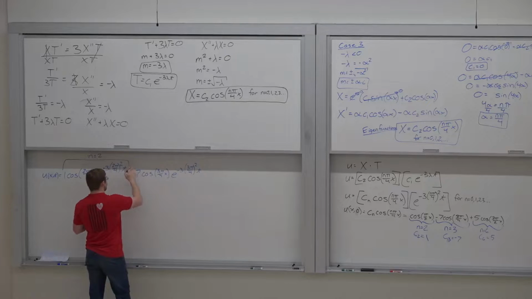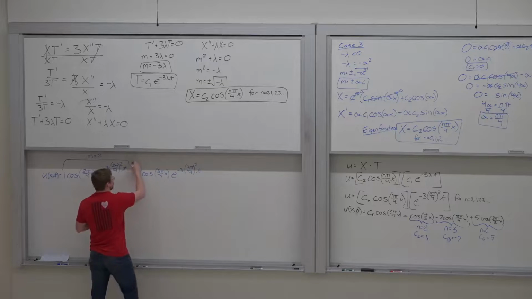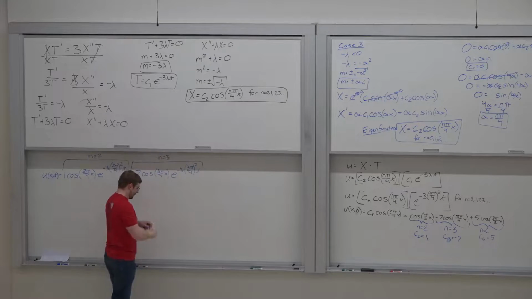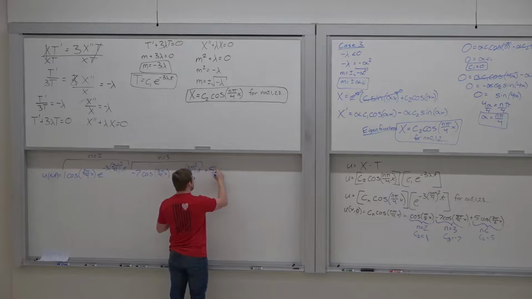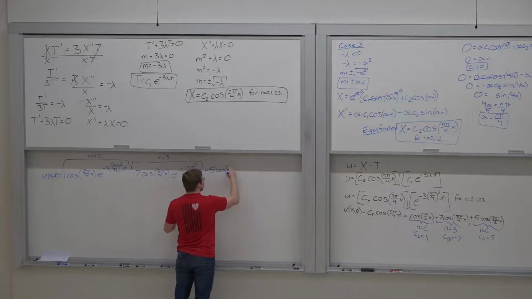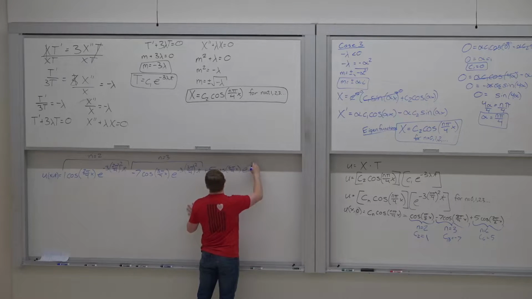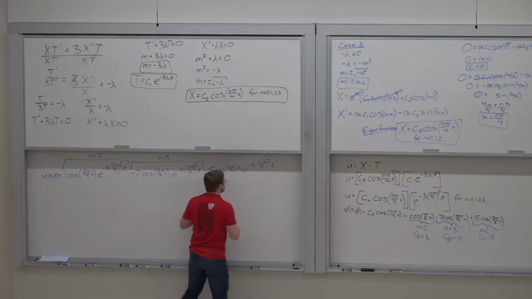And this whole thing is our n equals 3 term. And then finally we have our n equals 6 term, where we do +5 cosine of 6 pi over 4 x times e to the -3 times 6 pi over 4 squared times t.